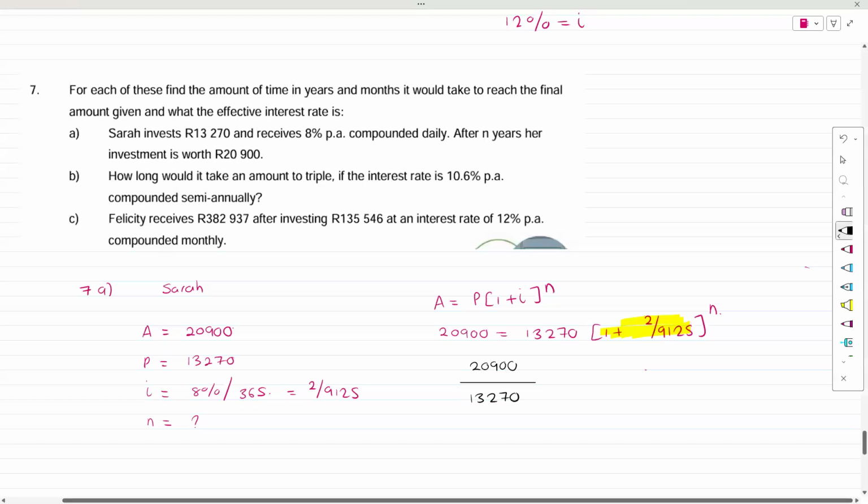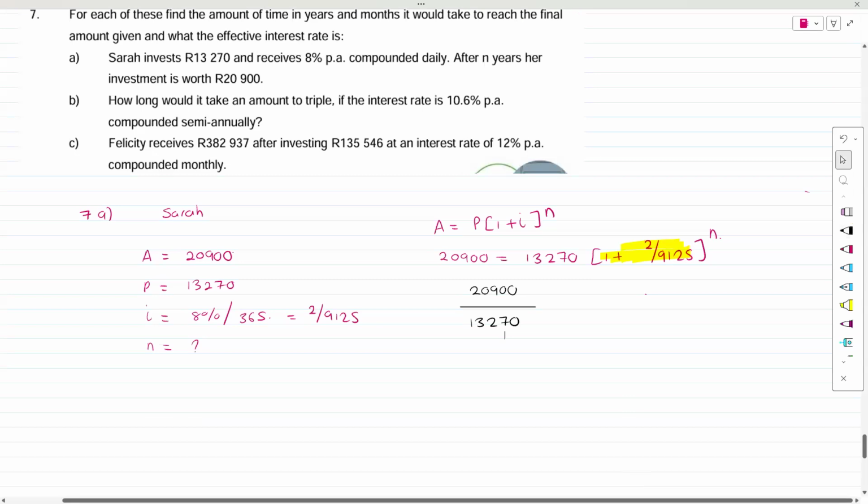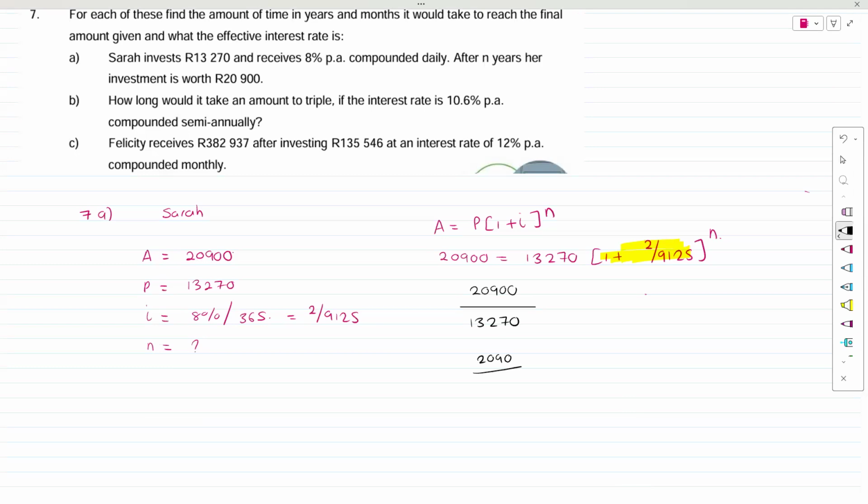That equals 2090 over 1327. That equals, if I simplify that bracket, 1 plus 2 over 9125. This one also becomes quite annoying, but 9127 over 9125, and that's to the power of n.